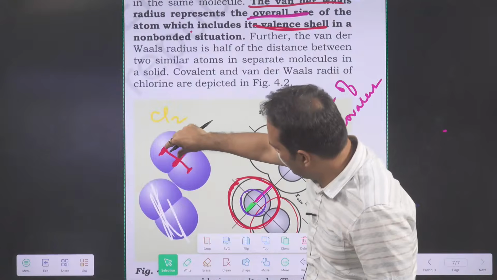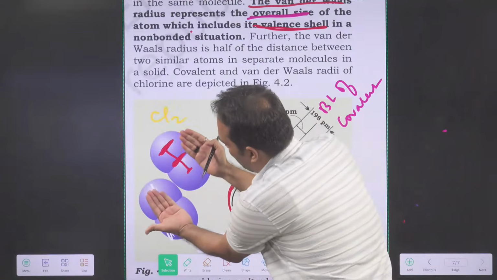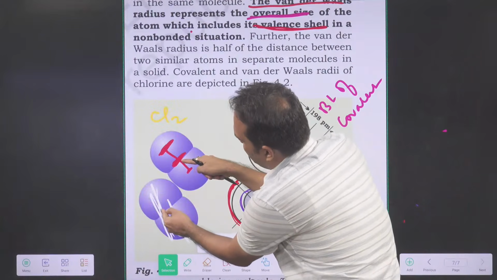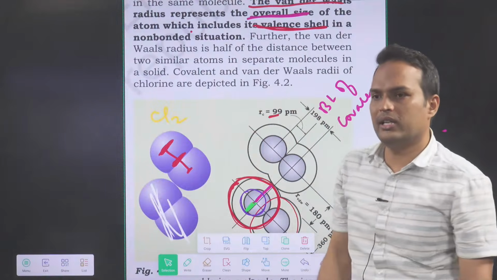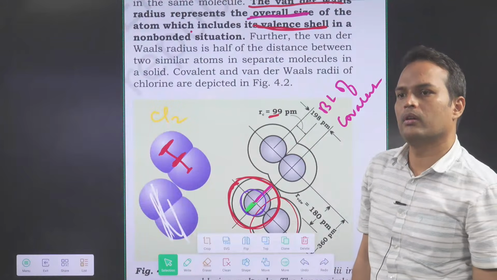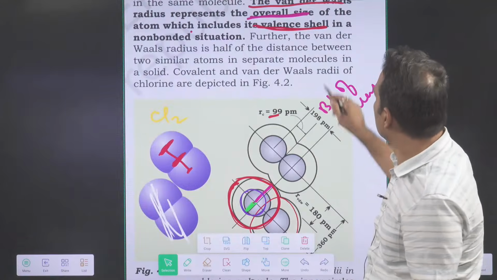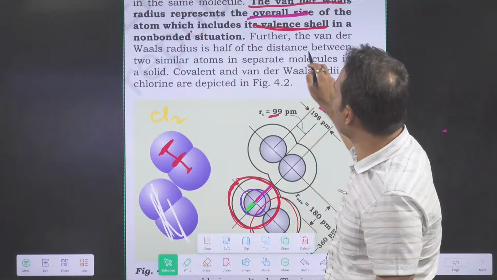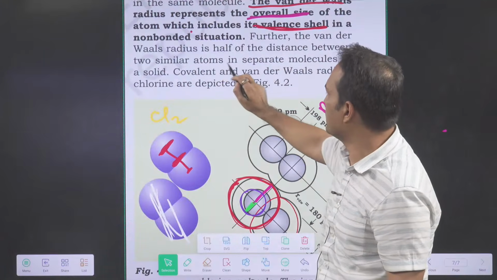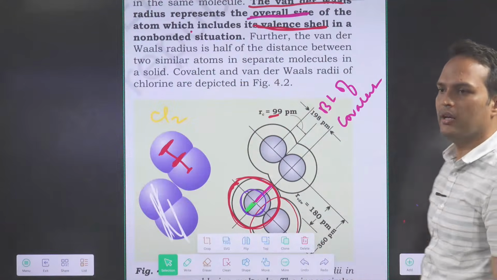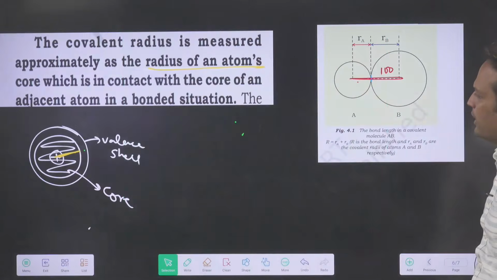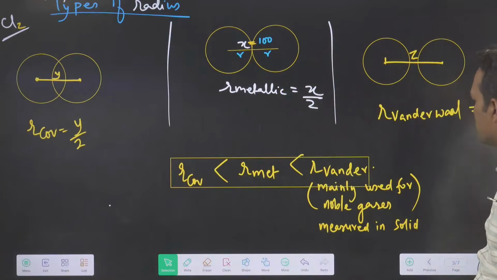In separate molecules, you find the internuclear distance, which will include the valence shell also. So van der Waals radius is half of the distance between two similar atoms in separate molecules in solid. This is the point of van der Waals. All the definitions you must see.